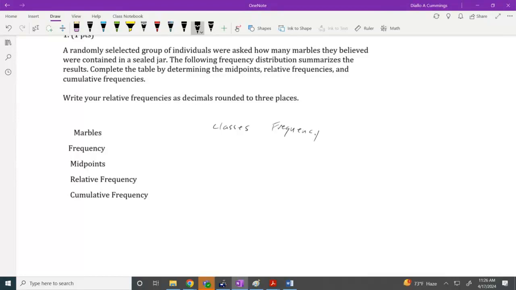That first class is 180 to 198. Then 199 to 217, 218 to 236, 237 to 255, and 256 to 274.